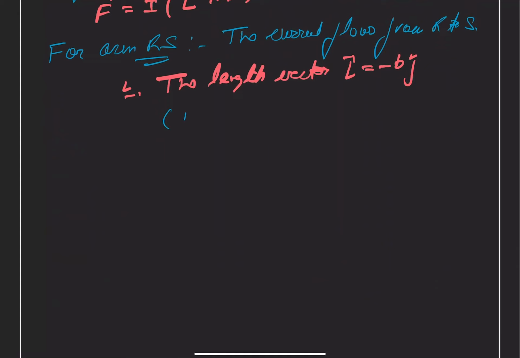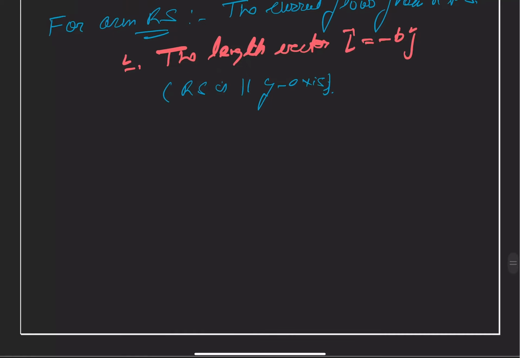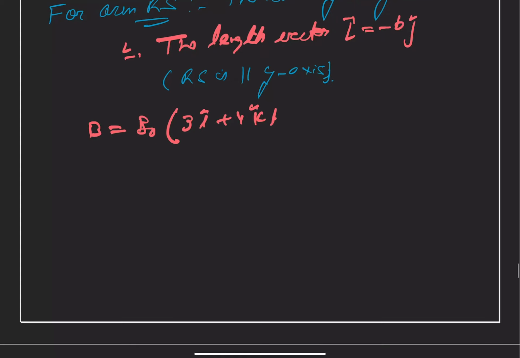Magnetic field we already know is given to us. B is equal to B naught 3i plus 4k.